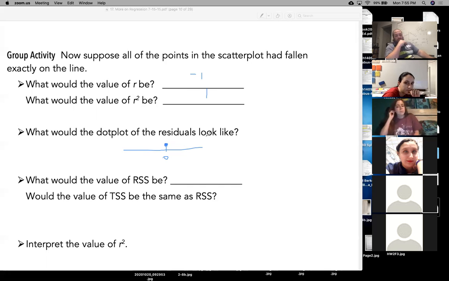And what would the value of RSS be? The sum of the squared residuals would be how much? 0. If I take all those residuals, which are all 0, and I square them all, and they're still 0, and I add them all together, it's still going to be 0. Would the value of TSS be the same as RSS?